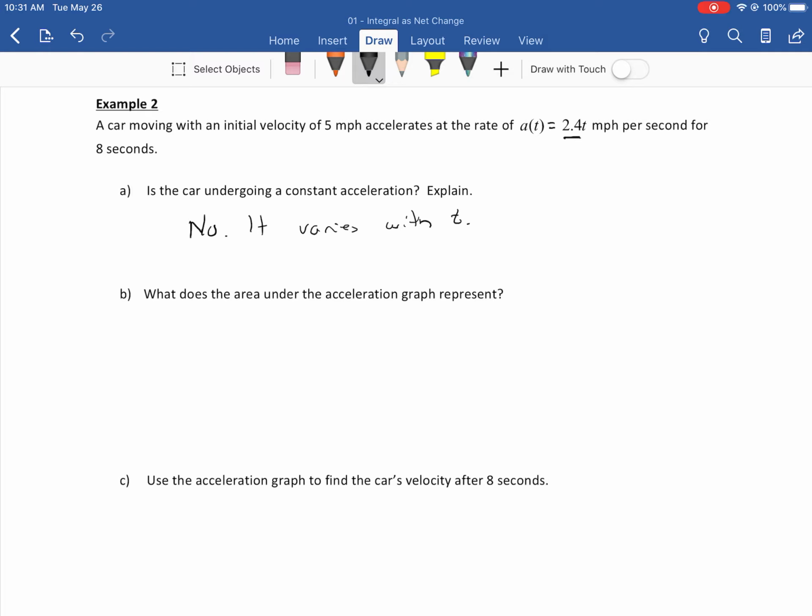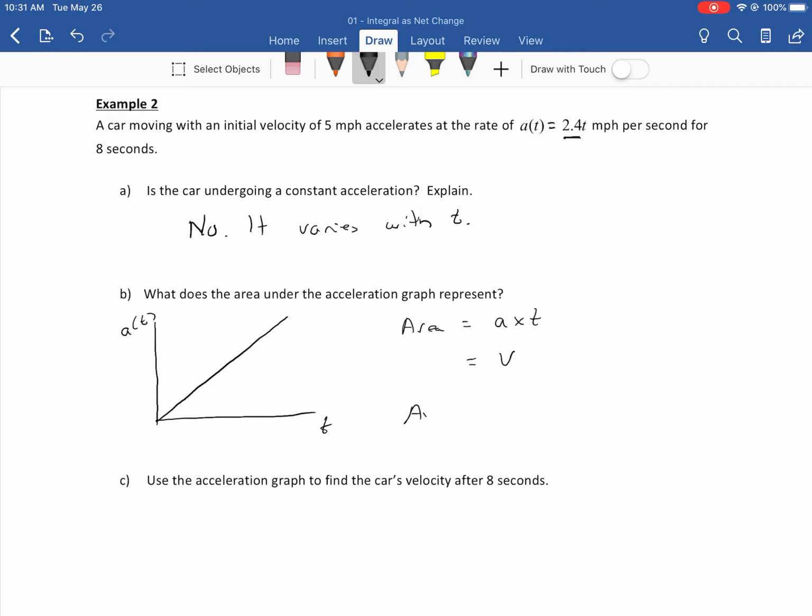Well, if we were to draw an acceleration graph, I can see what this graph's going to look like. For this type of thinking, you don't need to be able to draw the graph, but it's nice to be able to draw a to-scale graph, and this is a linear acceleration. So there's acceleration, there's time. To be finding the area, we'd be taking acceleration and multiplying it by time, and acceleration multiplied by time is velocity.